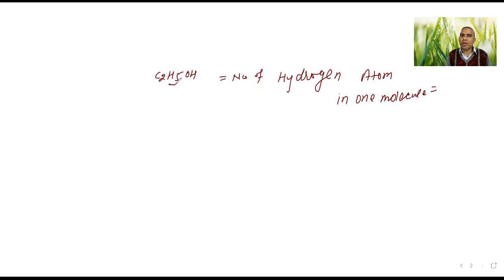You can count it out. 5 hydrogens are here and 1 is here. So 6 hydrogen atoms. Is it clear? Yes. Okay, very good. So one molecule contains 6 H atoms.